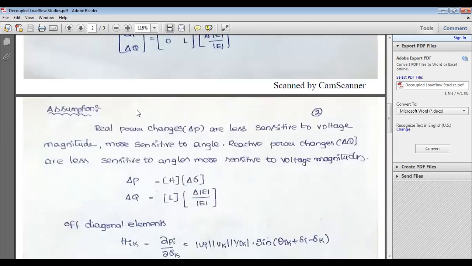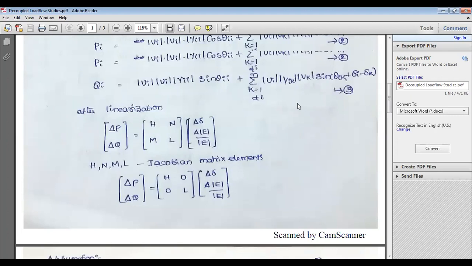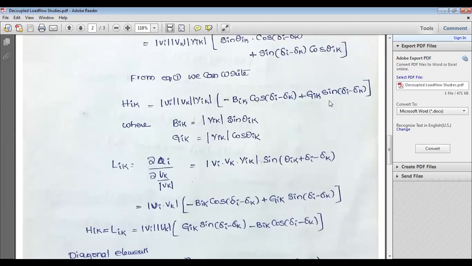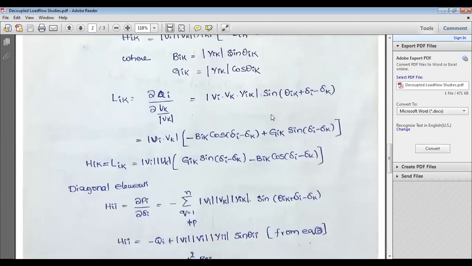Again, for that purpose you need to consider this equation for qi. If you want to determine the partial derivative of qi with respect to delta k, again the first term is going to be neglected and you need to consider the second one. Now this is how we are going to obtain it. Later again we are considering equation number 1 for evaluating these concepts.